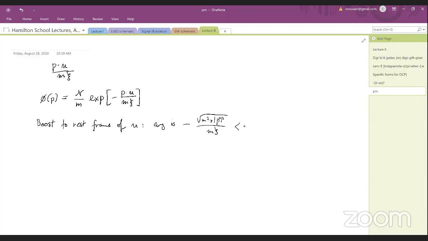And that thing is, in fact, strictly negative. So in all directions, it will be fading away in the p vector space.